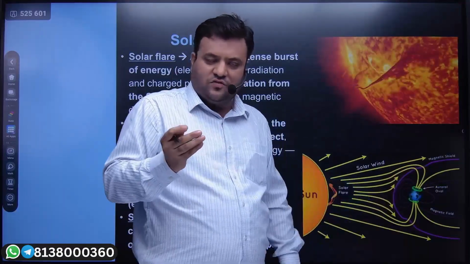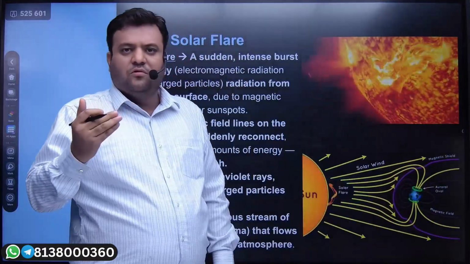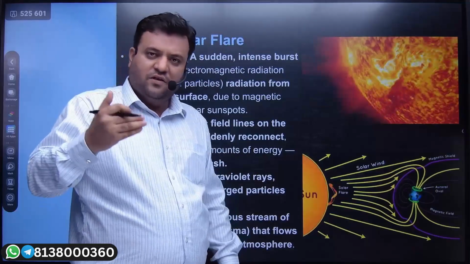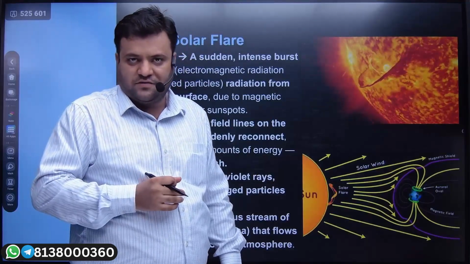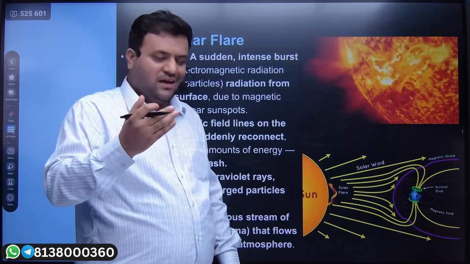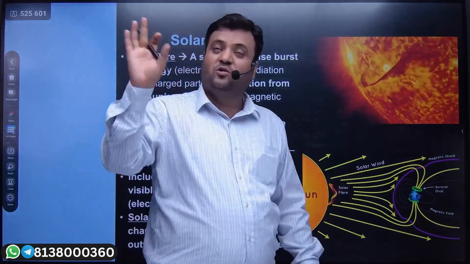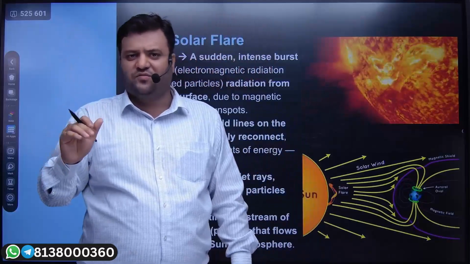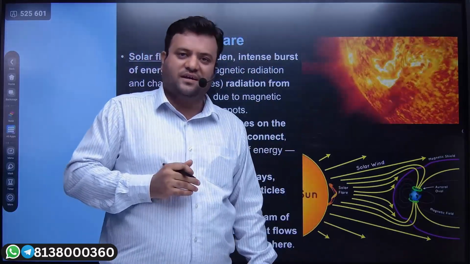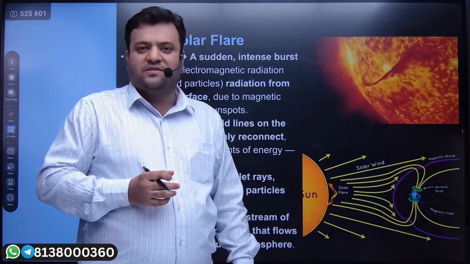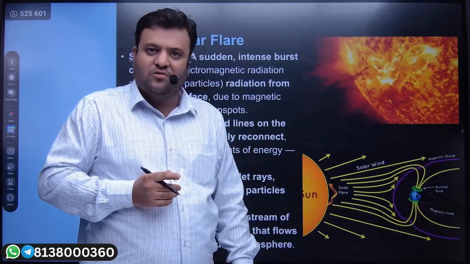And as a result of this, some activities will be visible on our Earth's surface. You will see that these activities will be known as what? Glowing sky in the northern hemisphere and even in the southernmost hemisphere, which we give the names Aurora australis and Aurora borealis.